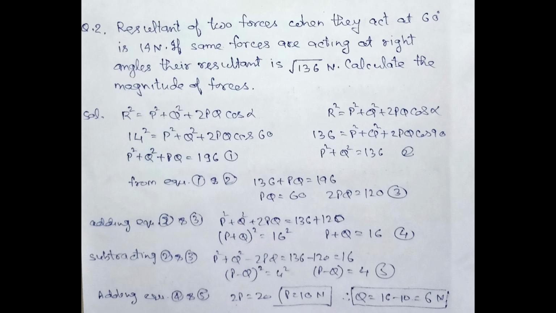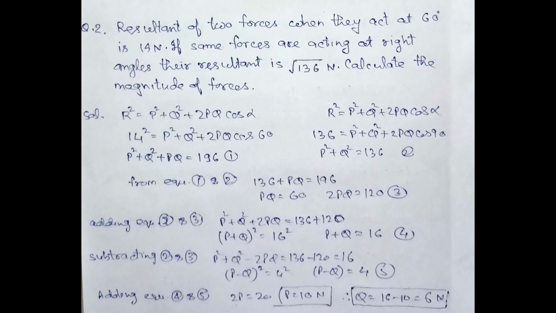So P square plus Q square equal to 136. Now putting the value of P square plus Q square from equation 2 into equation 1, we get PQ equal to 60, or if we multiply both sides, we will get 2PQ equal to 120.